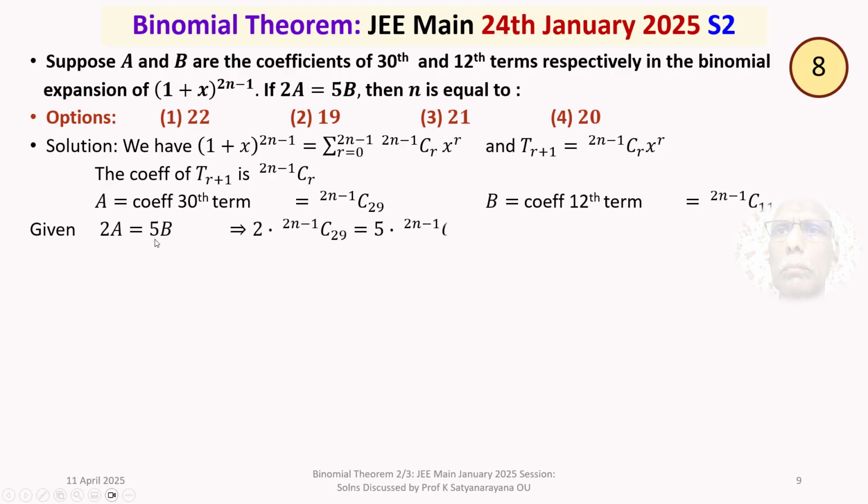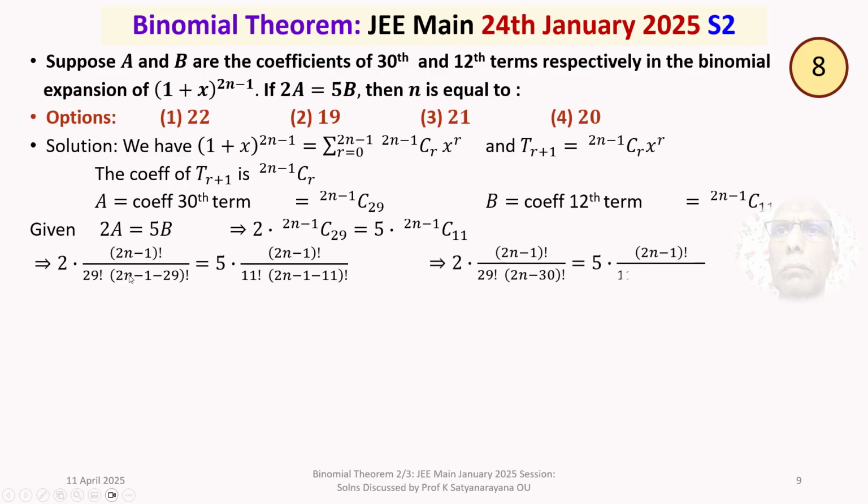We are given 2A = 5B. So 2 into (2n − 1)C29 is equal to 5 into (2n − 1)C11. Using the nCr formula, n factorial by r factorial into (n − r) factorial, where n is 2n − 1, we simplify: 2 into (2n − 1) factorial by 29 factorial into (2n − 30) factorial is equal to 5 into (2n − 1) factorial by 11 factorial into (2n − 12) factorial.